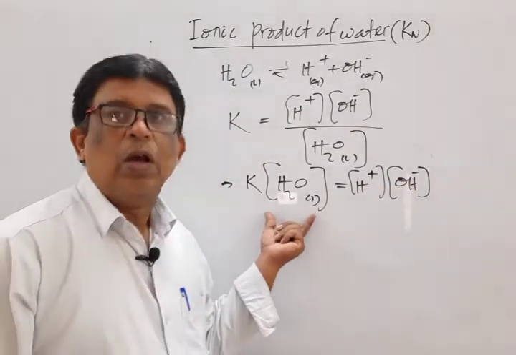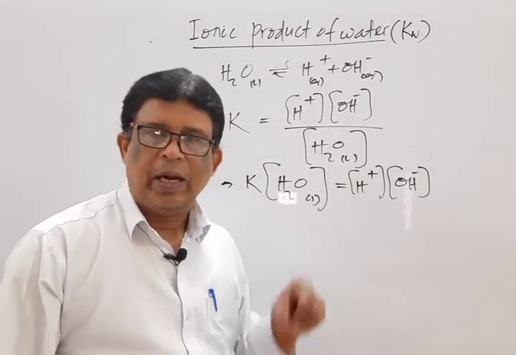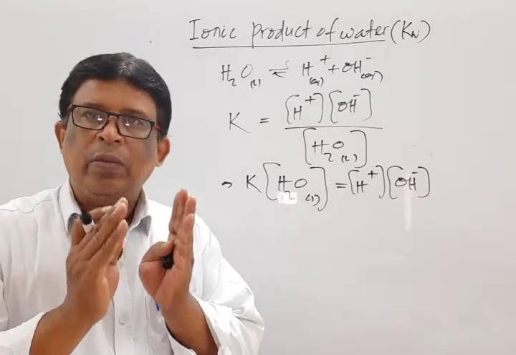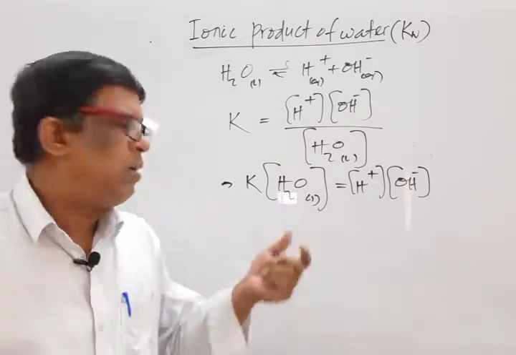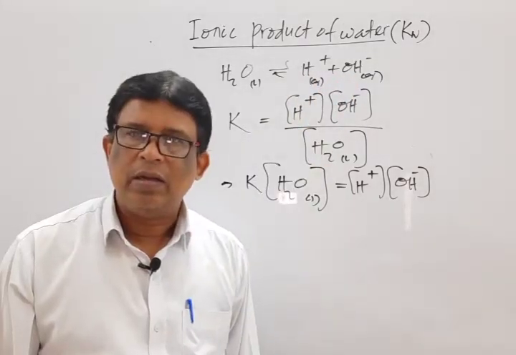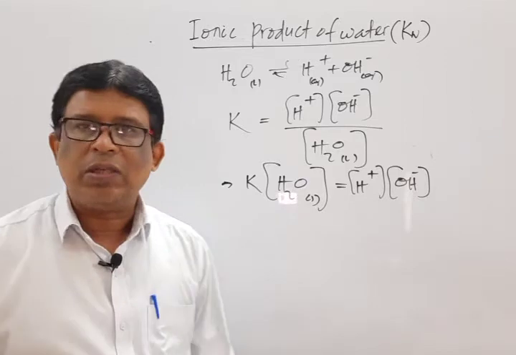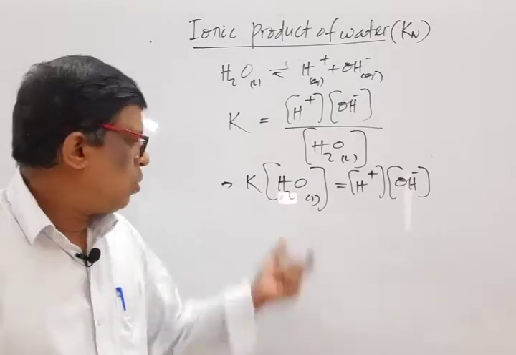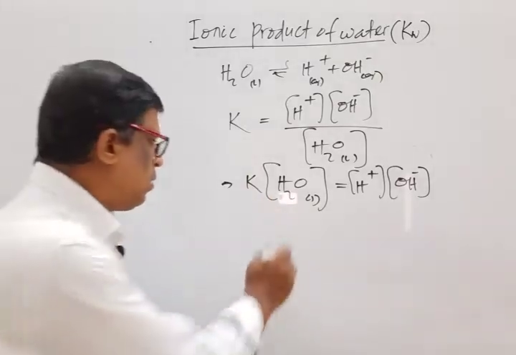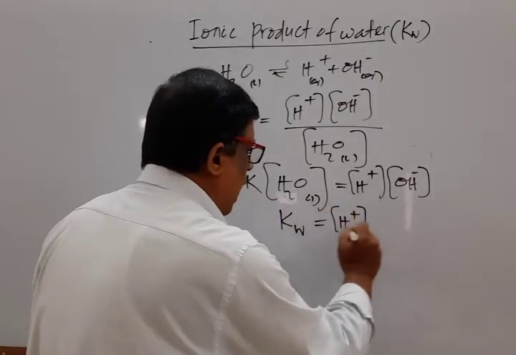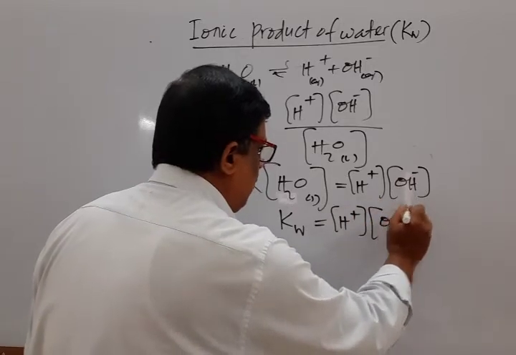We know water is a weak electrolyte, so only a very small extent of it dissociates into H+ and OH- ion. That's why there is no change in its concentration; its concentration is taken as a constant. So constant into constant gives another constant, that is Kw, known as the ionic product of water.